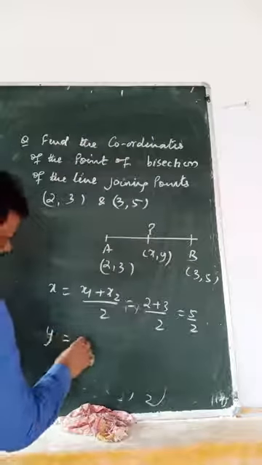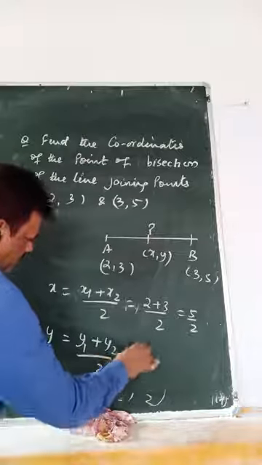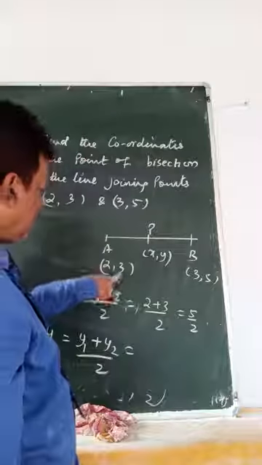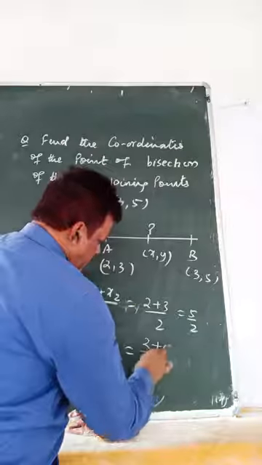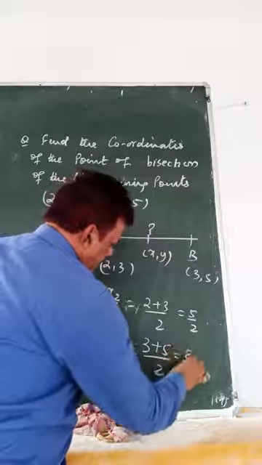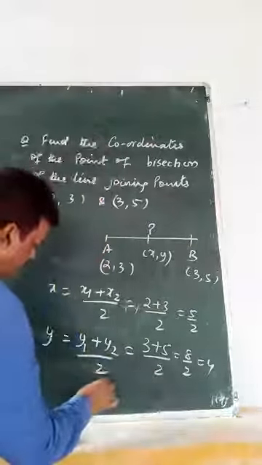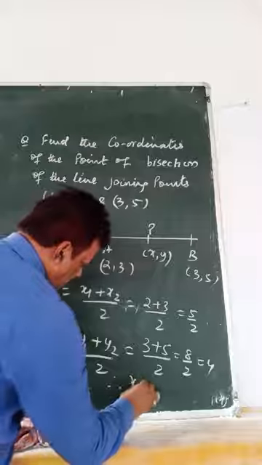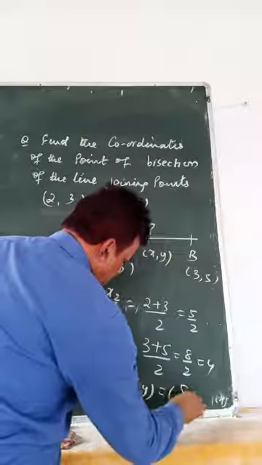Y equals Y1 plus Y2 by 2, that is 3 plus 5 by 2, 8 by 2, that is 4. Therefore, (X, Y) is (5 by 2, 4).